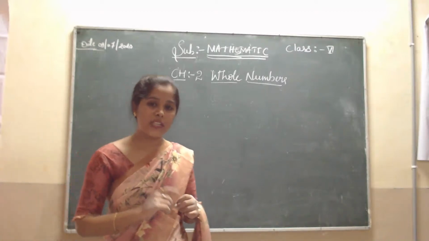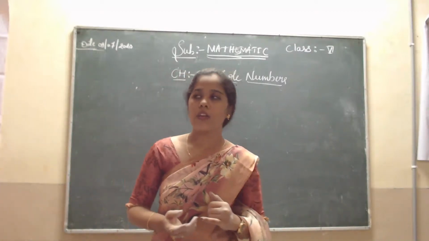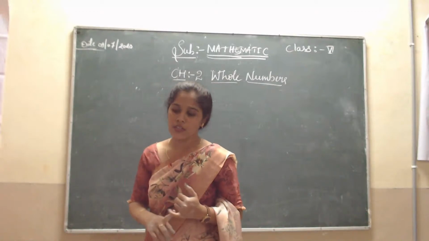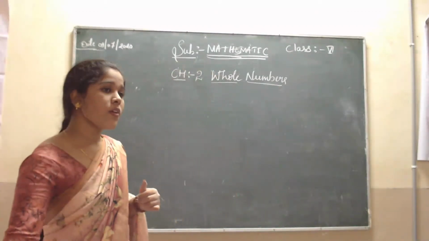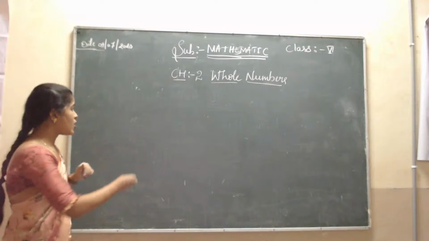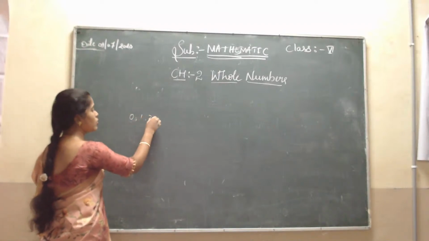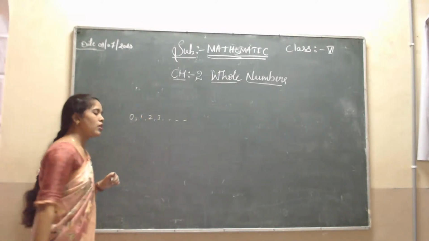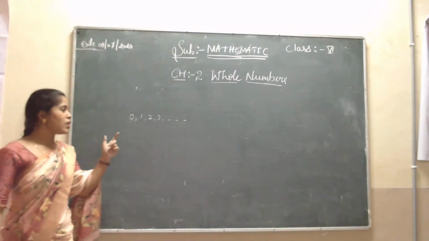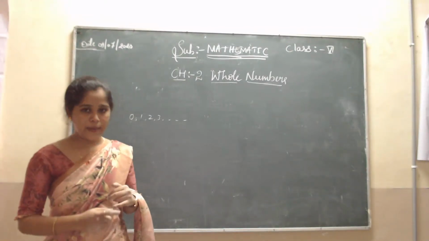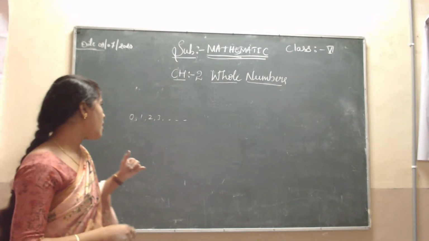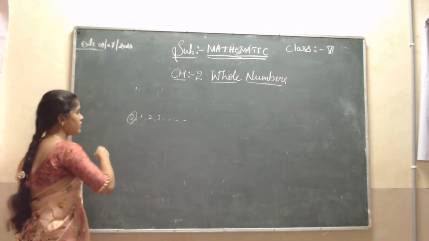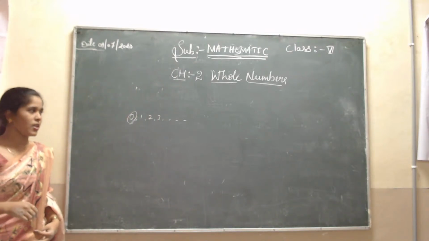Natural numbers with 0. The whole numbers are 0, 1, 2, 3 and so on. Whole numbers are denoted by capital W and the smallest whole number is 0.